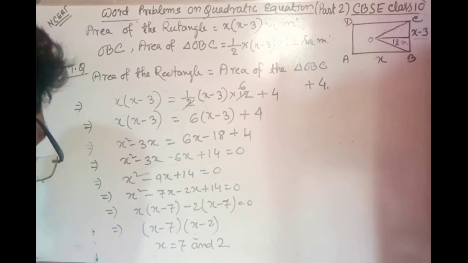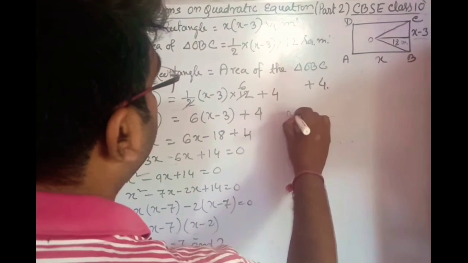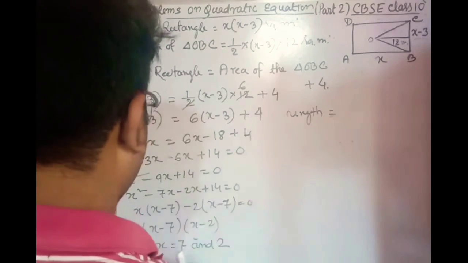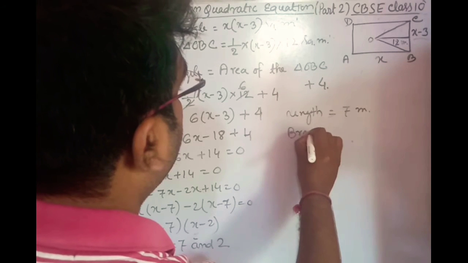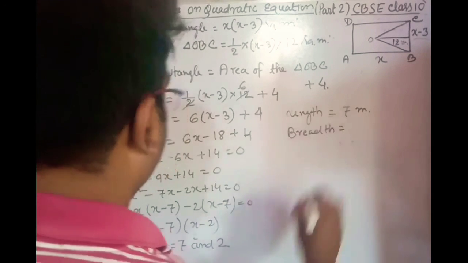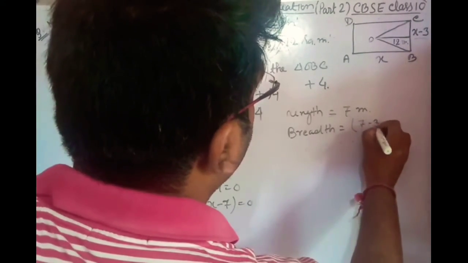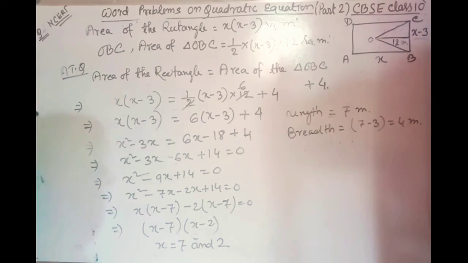So we have to find the length and the breadth. So the length is equal to 7 meters, breadth is equal to 7 minus 3, 4 meters.